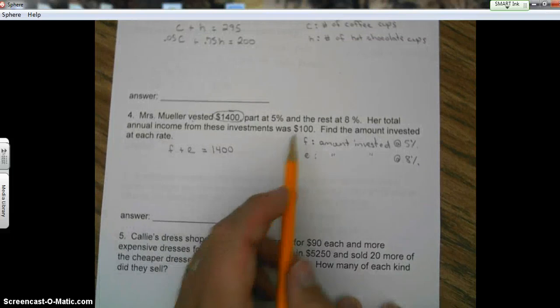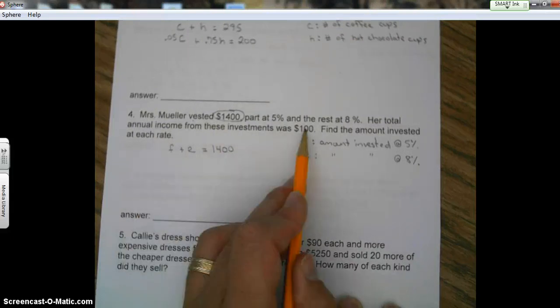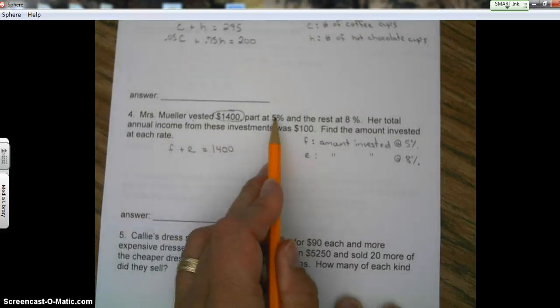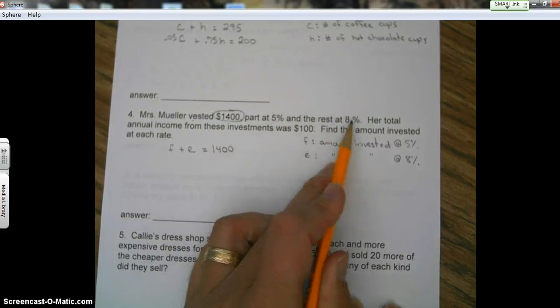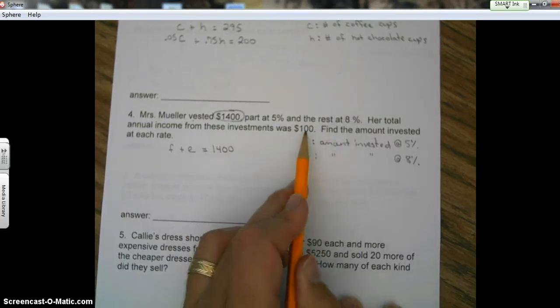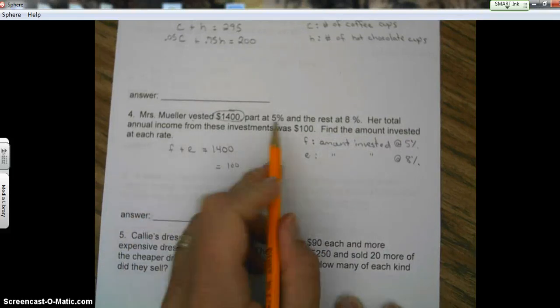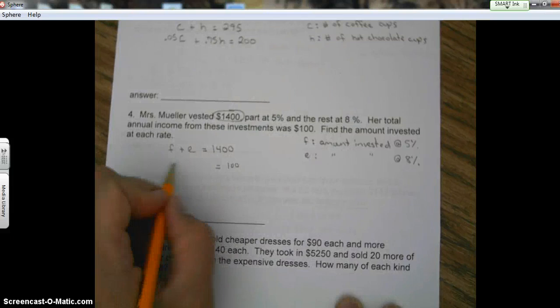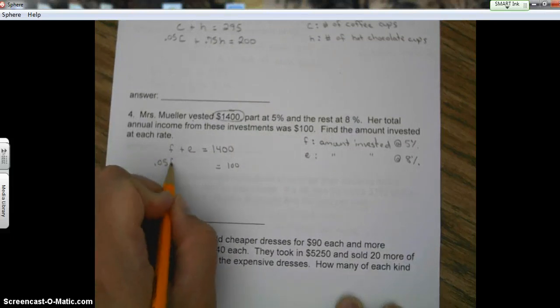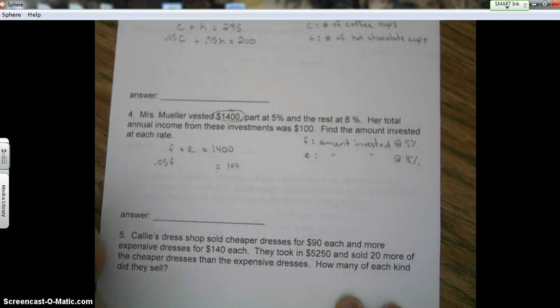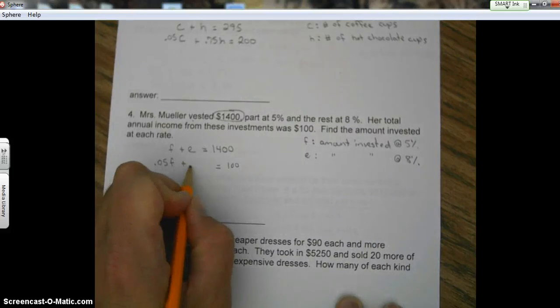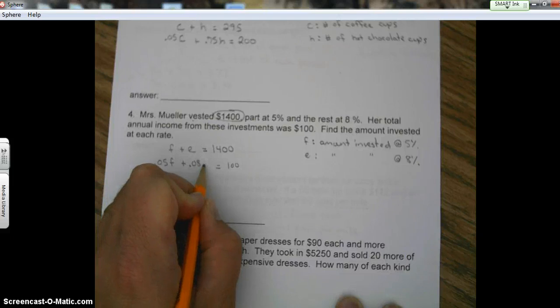Okay, the next thing they tell us is that we make some money. We make 5% off of an amount, we make 8% off of an amount, and we make a total of $100. So to figure out 5%, we're going to take 0.05 of the amount invested at 5% plus 0.08, 8% of the amount invested at 8%.